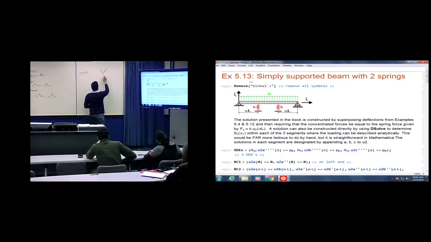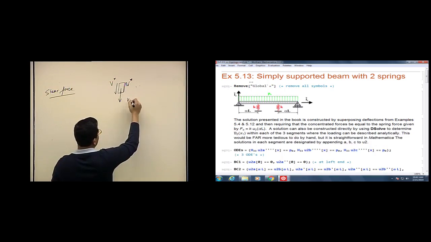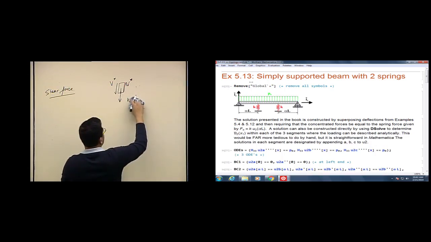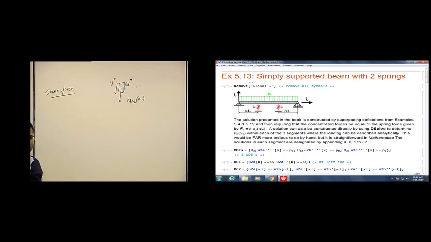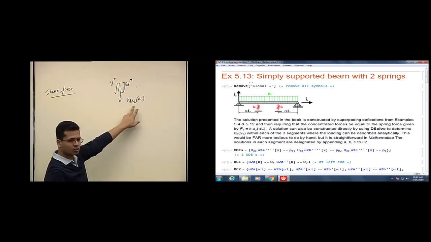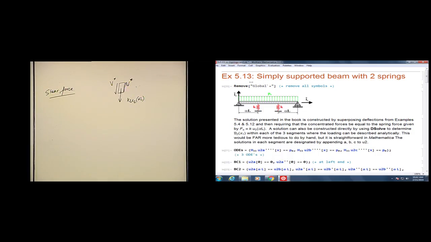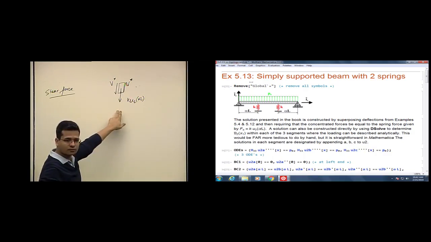So this force is going to be K u2 at alpha L. I don't have a 1 or 2 there because they are the same at alpha L. So it's just K u2 at alpha L, and it's applied in the downward direction.